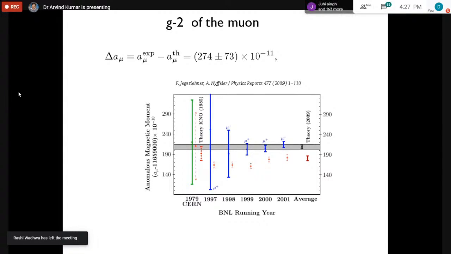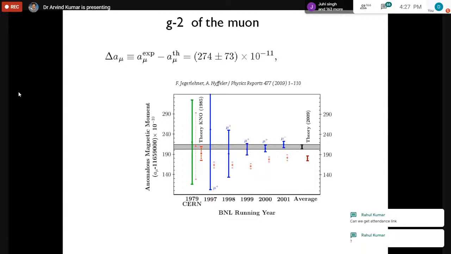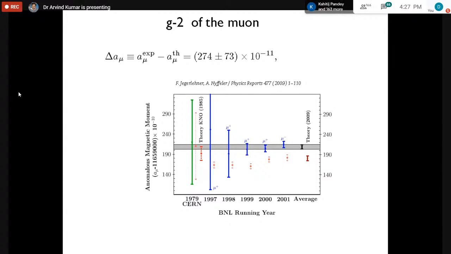Both of them have been varying, but as you can see, the error bars of the experiment have reduced, and they have become extremely small in the last experiment. Whereas the theory error bars are also very small, and they have reached a point which is here. So both of them do not match. The theory and the experiment do not match.